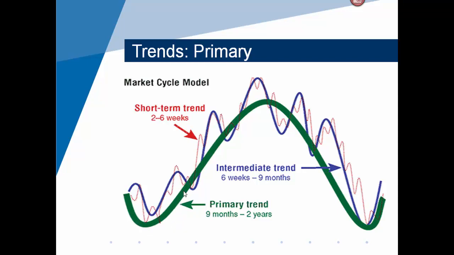So this green line that we're seeing here is our daily trend. Our daily trend is considered to be our primary trend, and this is a trend we want to follow at all times. So our primary trend will last anywhere from 9 months to 2 years. At this point, we want to find out exactly which direction the daily time frame is trading, to get a better idea as to where we're planning on trading in the market.